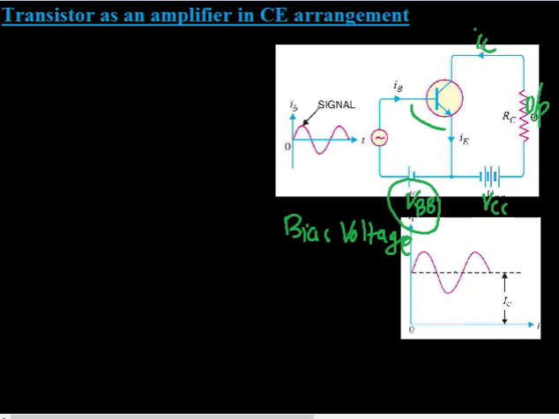Here, if we analyze the collector current, we can see that when no signal is applied, that is when the input signal, let's call it Vin, is equal to 0, we still have a collector current IC, which can be written as beta into IB.